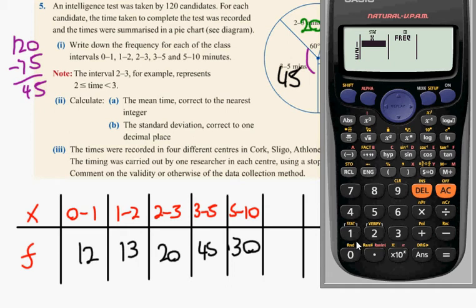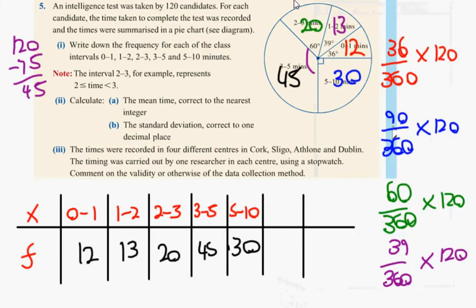Now, the problem here is, how do I enter in 0 to 1? I can't. Does it tell us the words mid-interval values? It doesn't say mid-interval values, but the only way you can change an interval into something you can put into your calculator is by using the center.